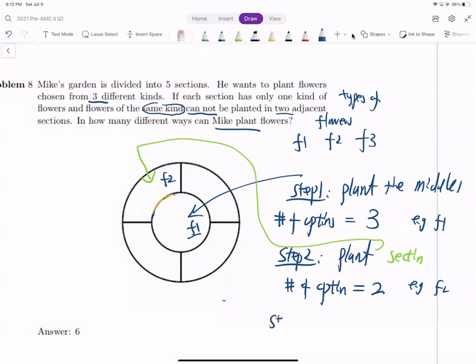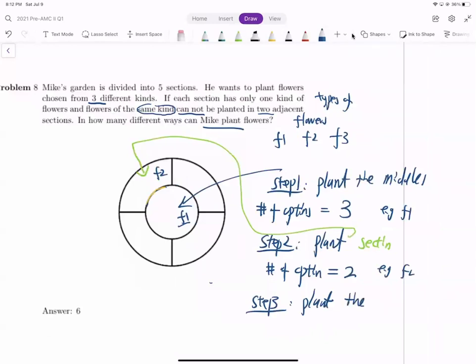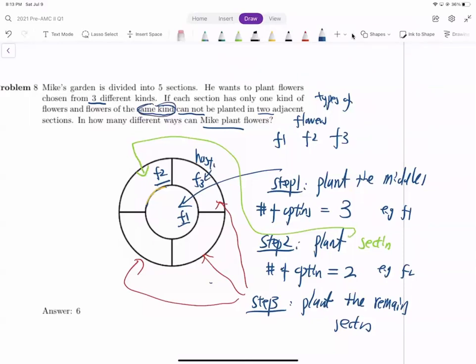And then step 3, plant the remaining sections. Now if this one is flower 1 and this one is flower 2, then this one has to be flower 3, no other choices, because otherwise it will violate the requirement that the same kind cannot be next to each other. And then this one has to be the second type, and this one has to be the third type.